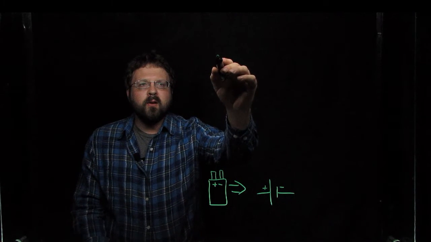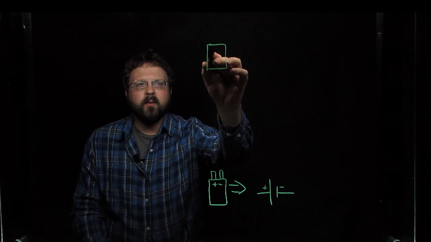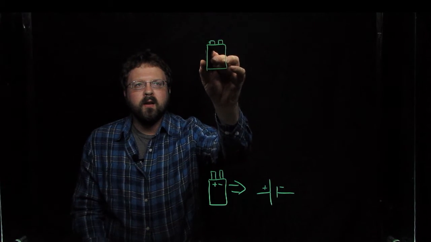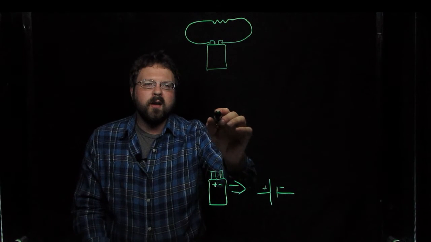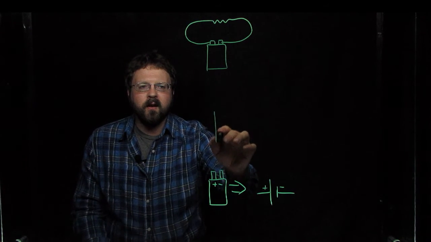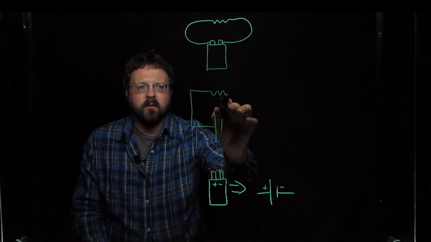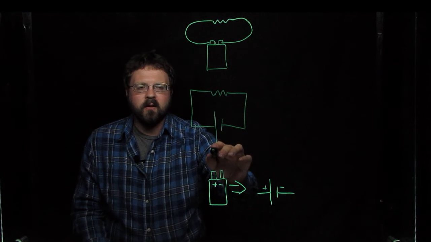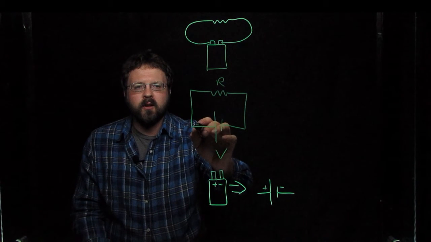And instead of our complex circuit drawing where we've got the battery and resistor all the way around like that, we can instead simplify this like this. So we've got the battery, the resistor, and we could label the current if we like.